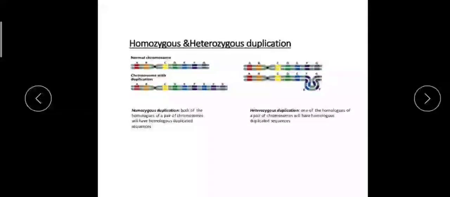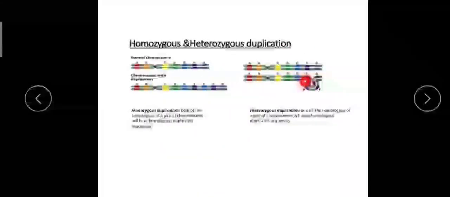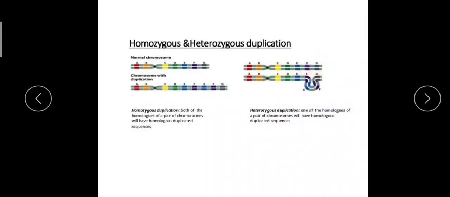During this pairing, the two chromosomes align in the same way: A to A region, B to B region, C to C, D to D, E to E, F to F. Like that, they align along their entire length. In heterozygous duplication, only one homologue has the duplicated region, and the other is a normal one.